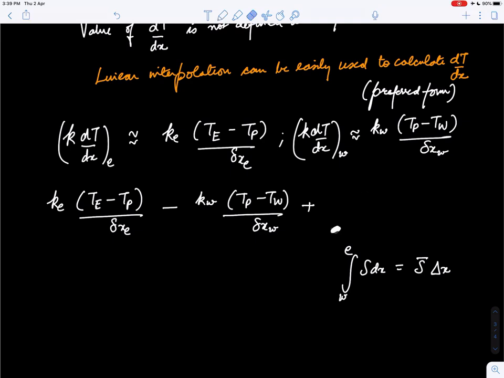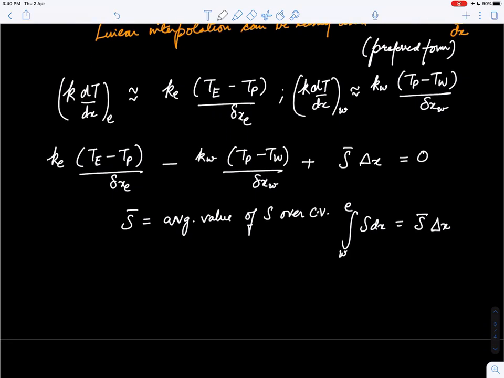So I would replace this by S bar delta x, where S bar is the average value of S over the control volume.